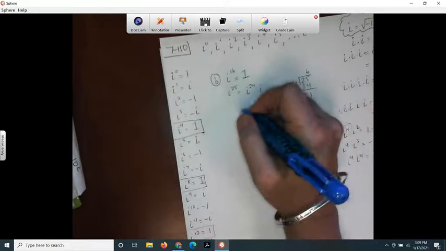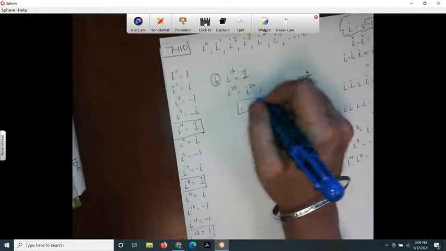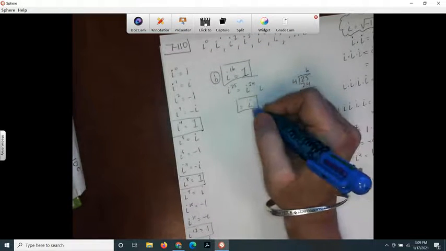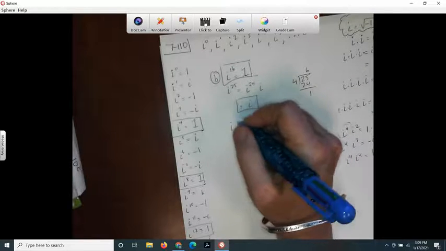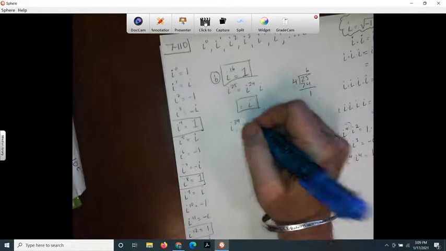Okay, so i to the 16th is 1, i to the 25th is i. Now i to the 39th. So I even did it down here. I'm going to divide 4 into 39. 4 times 9 is 36. I get a remainder of 3. Whatever the remainder of 3 is, that's what is left over. So in other words, I can say this is i to the 36th times i to the 3rd.